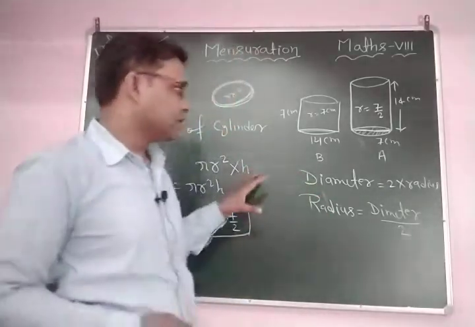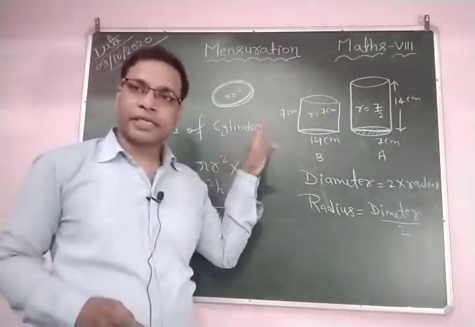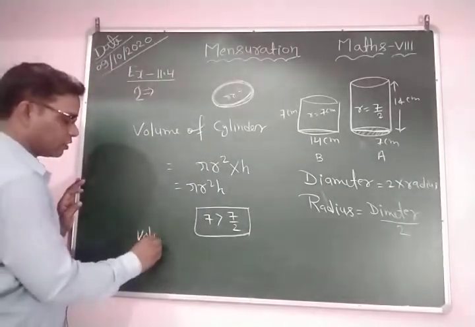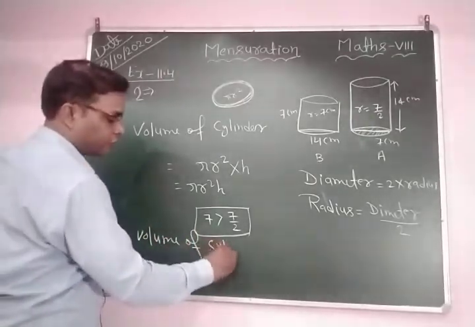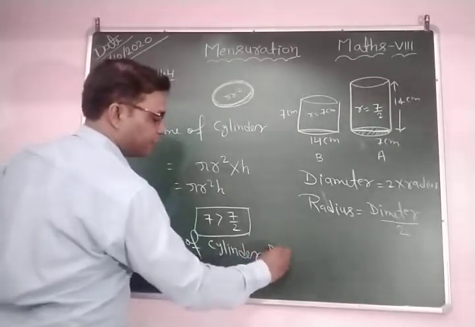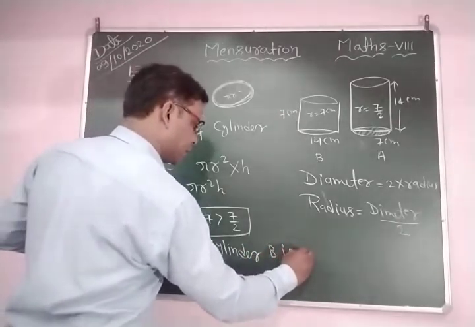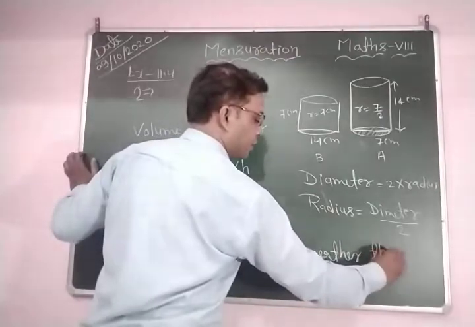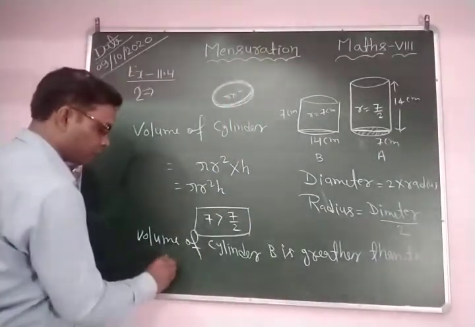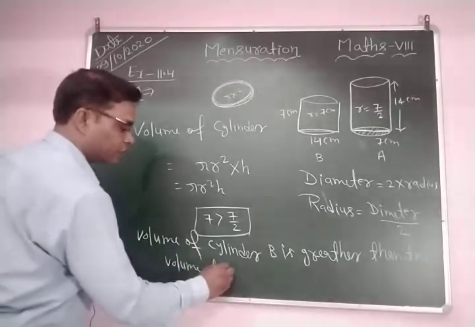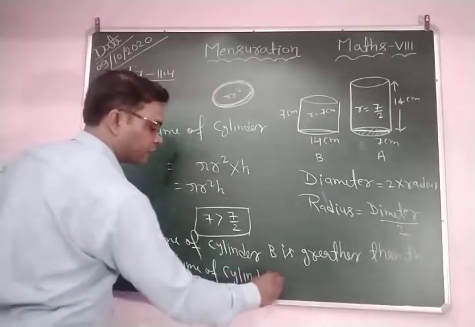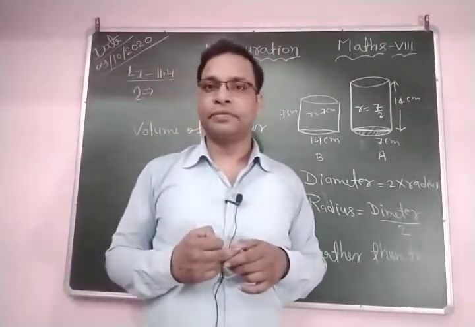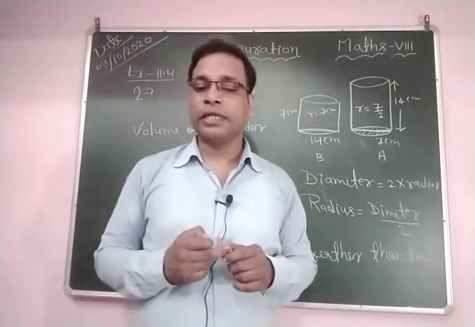So without calculation we can find that the volume of cylinder B is greater than the volume of cylinder A. You can write here: volume of cylinder B is greater than the volume of cylinder A, because the radius of cylinder B is greater than the radius of cylinder A.